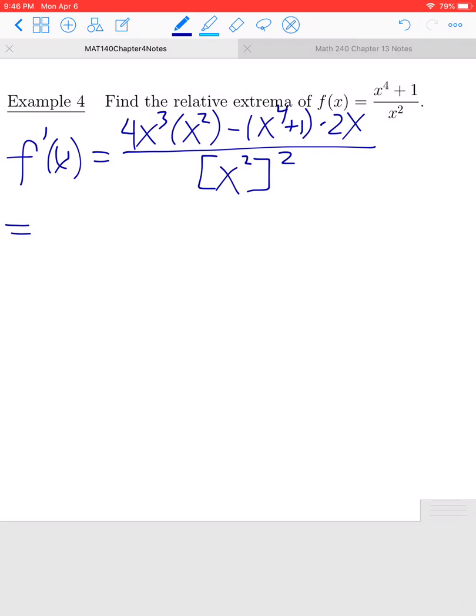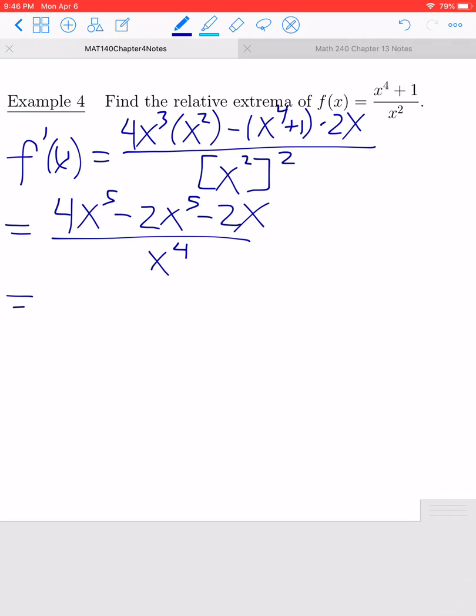We want to simplify this. We have 4x to the fifth minus 2x to the fifth minus 2x all divided by x to the fourth.